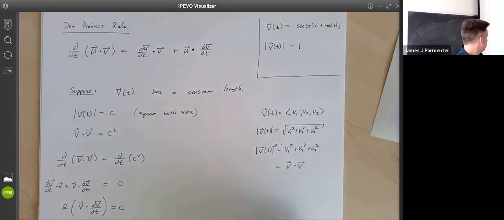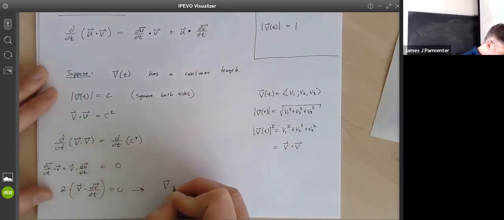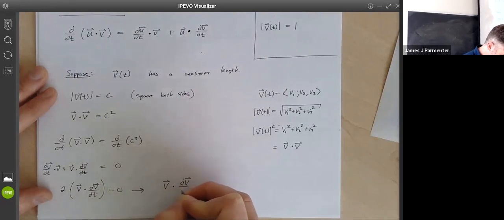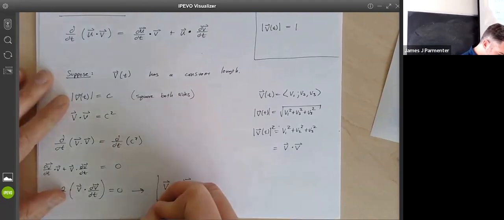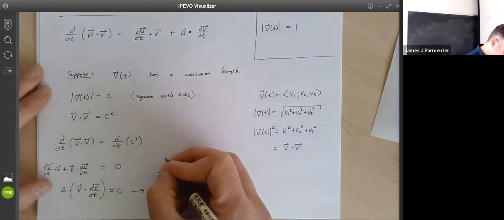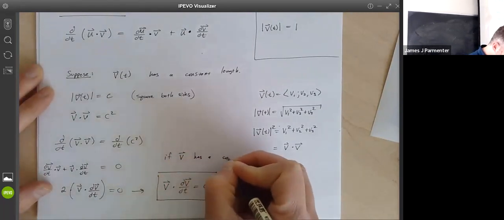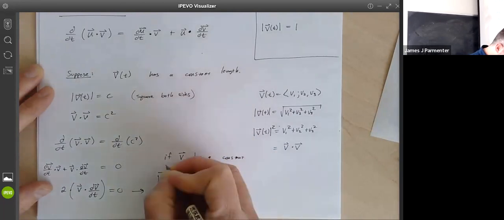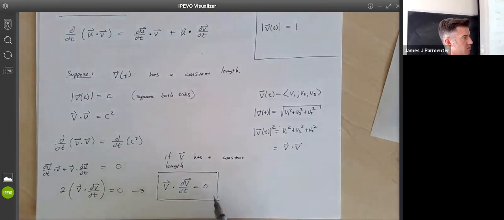So here's what this says. It says that the vector v dotted with its own derivative must be 0. In other words, if v has a constant length and you dot it with its own derivative, then you get 0.